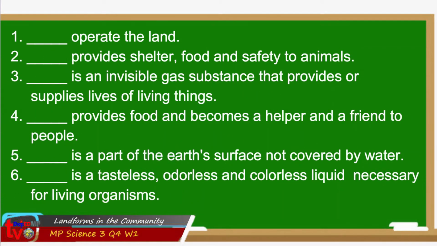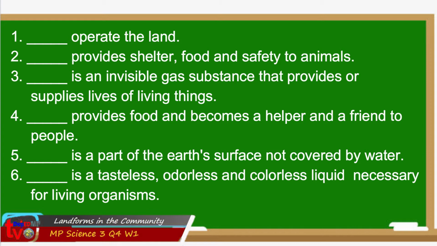Number 1. Blank operate the land. Number 2. Blank provides shelter, food, and safety to animals. Number 3. Blank is an invisible gas substance that supplies life to living things. Number 4.